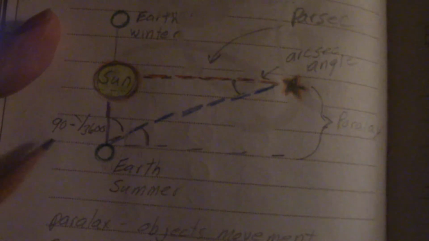So say it should be here and you think it's moved here, and here are your angles. Because you don't actually know what that angle is, you have to take 90 minus whatever that angle is, and then you are going to find your different angles, because you already know that this is going to be a 90 degree angle.